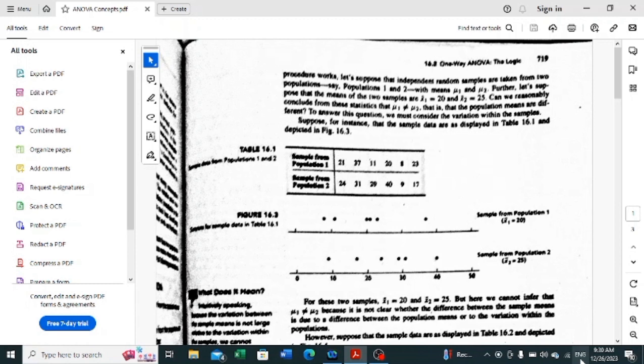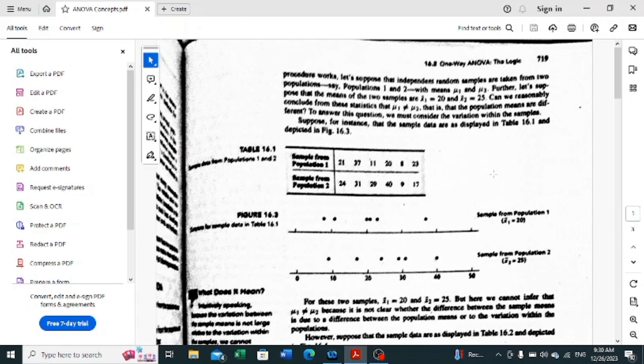So I have taken an example from the book in which we are given two sample data sets drawn from two different populations.